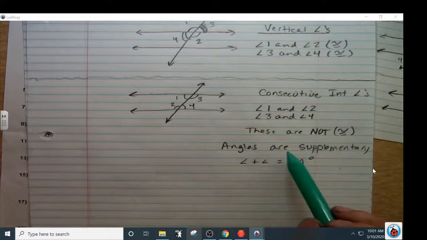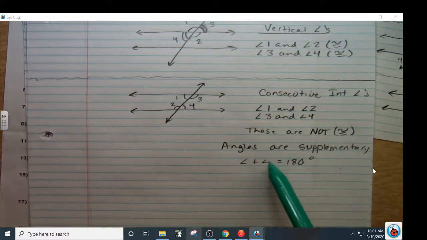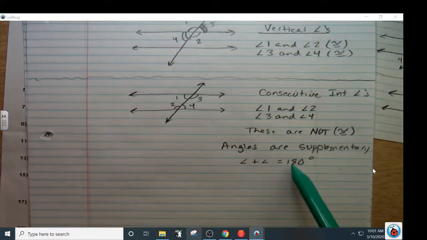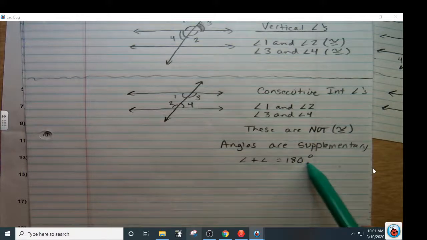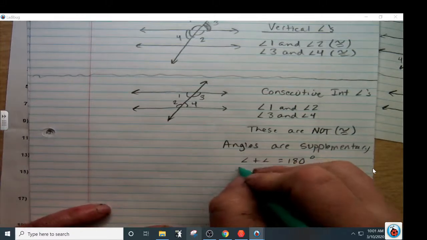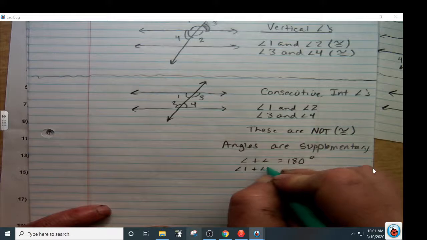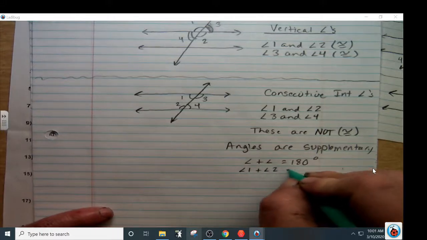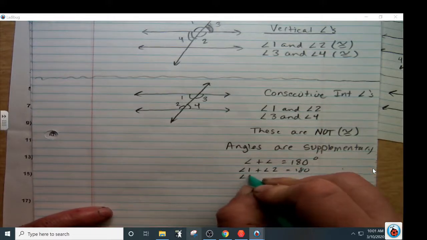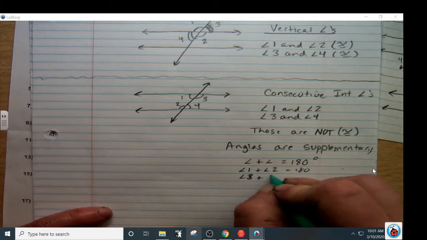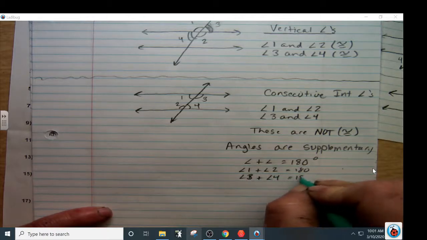So if two angles are supplementary, that means if you add the two angles together, they equal 180. So angle 1 plus angle 2 is equal to 180. Angle 3 plus angle 4 is equal to 180.